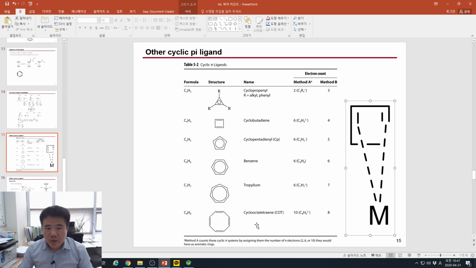But in this case, I cannot find the structure in ChemDraw. So in this case, all 4 carbons coordinate to the transition metal. So 4 minus, 2 minus. Do you understand?